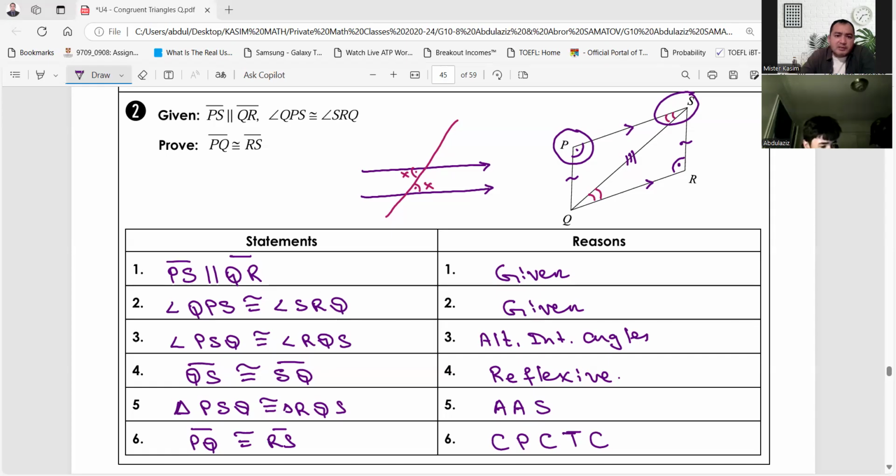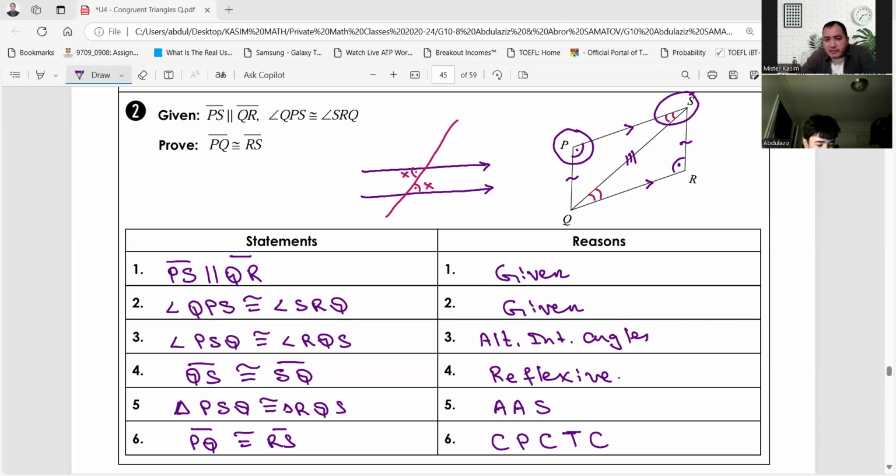And DE is congruent to DE, reflexive property.